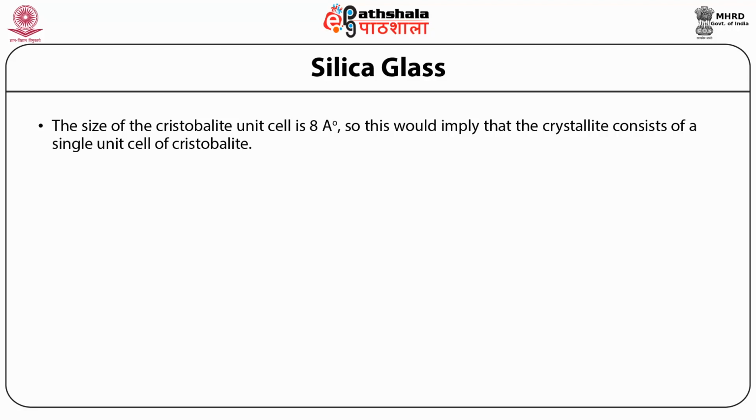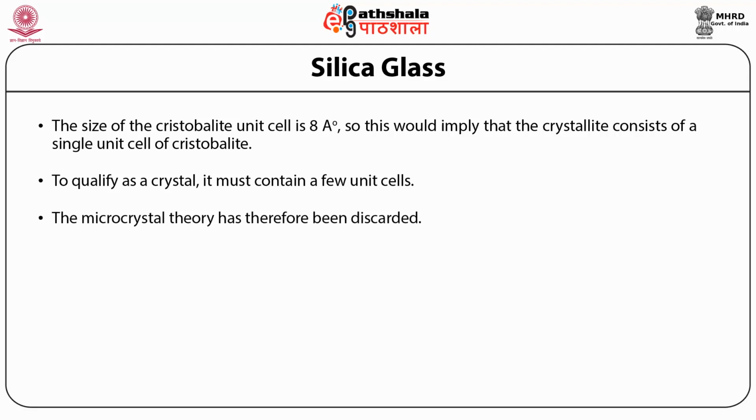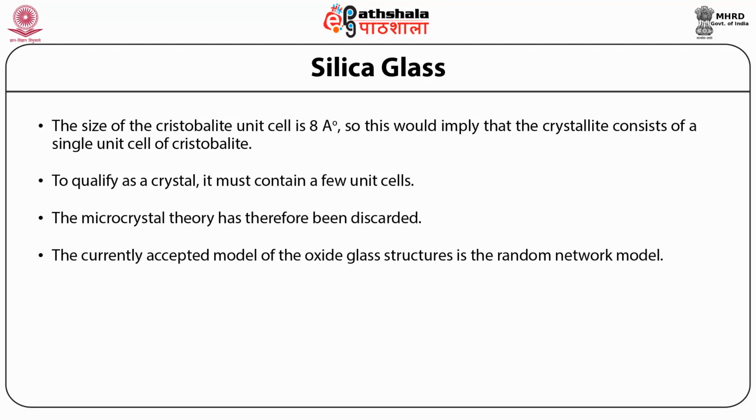So this would imply that the crystallite consists of a single unit cell of cristobalite. To qualify as a crystal, it must contain a few unit cells. The microcrystal theory has therefore been discarded. The currently accepted model of the oxide glass structures is the random network model.